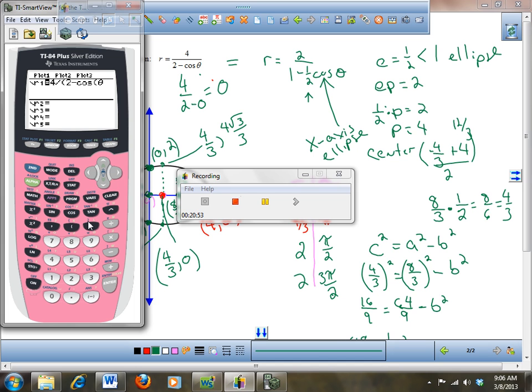You also got to make sure that you're in radian mode. Did I check that? Mode, radian. I'm in degree mode, so I want to be in radian mode. And then, I'm not sure what my window is, but probably I want to go from 0.